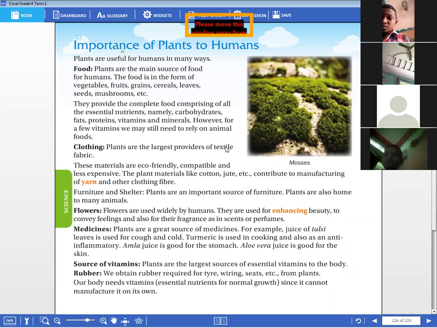Essential. Rubber. Required. Tire. Wiring.